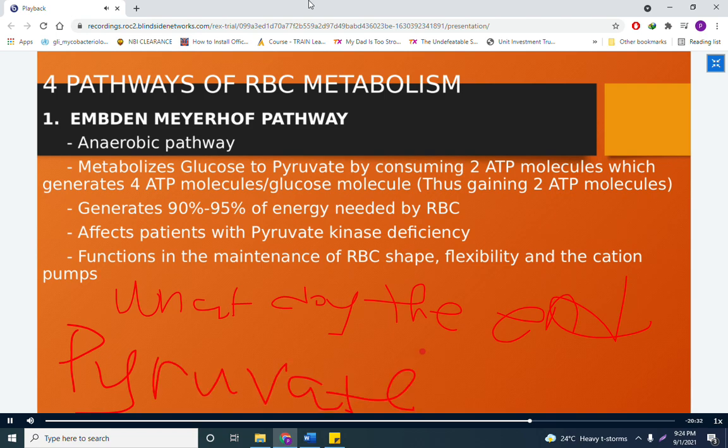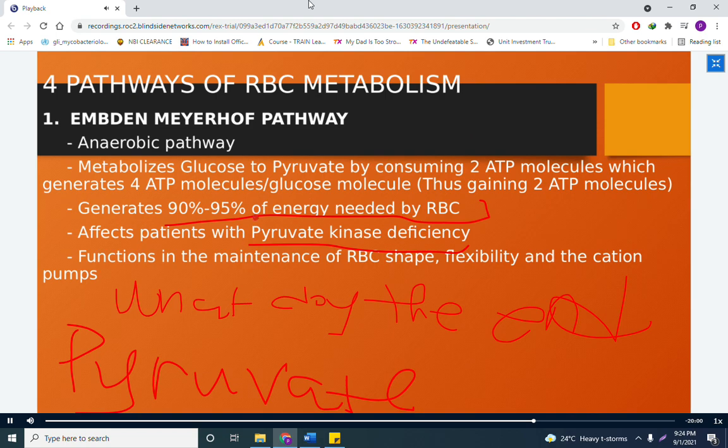Okay? Now, your EM pathway, class, generates 90 to 95% of the energy needed by the RBC. It can affect patients with pyruvate kinase deficiency. If a patient has pyruvate kinase deficiency, your Embden-Meyerhof pathway will be affected.